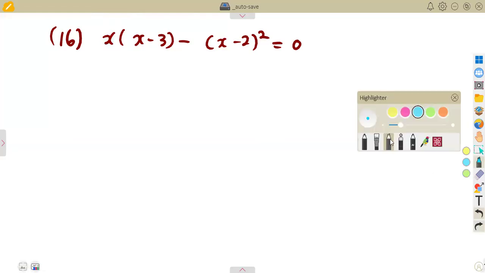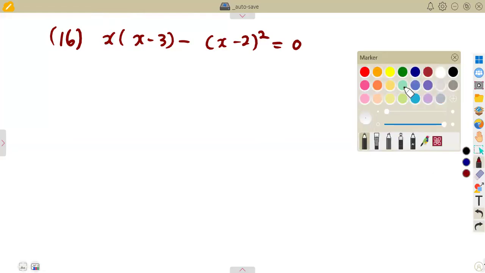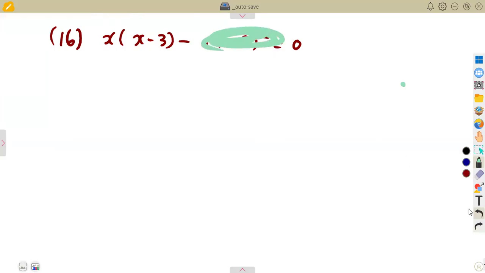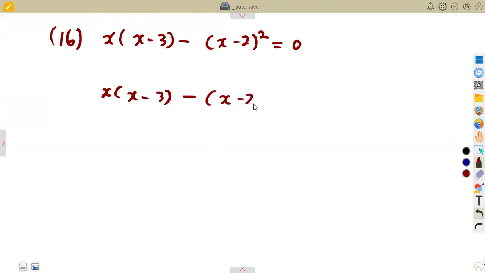But on the other hand, we also have this x minus 2 squared. There are 2 brackets to be multiplied. So I'm having x into the bracket of x minus 3 minus the 2 brackets, x minus 2 into the bracket of x minus 2, and this is equal to 0.